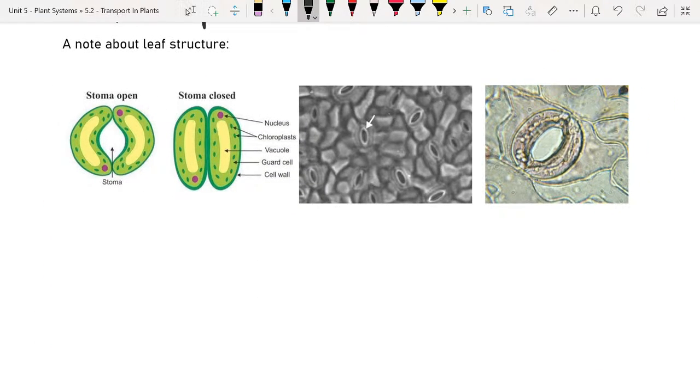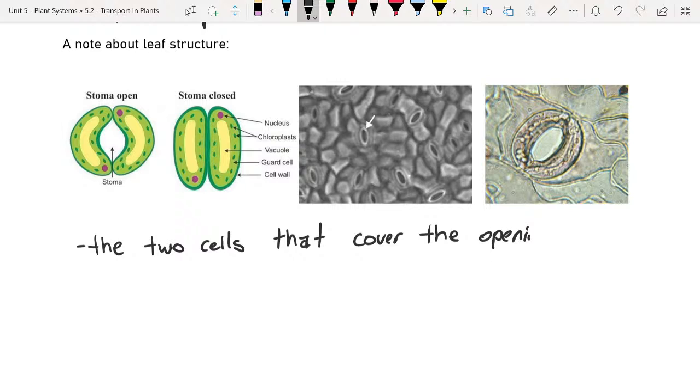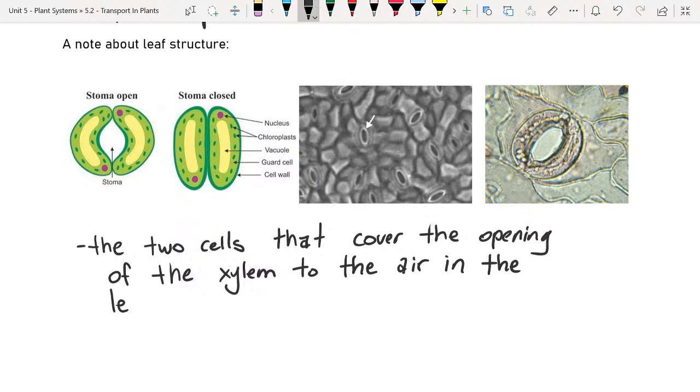This is the end point. These are the two cells that cover the opening of the xylem to the air in the leaves. And it's cool because if you look at a leaf under a microscope, you'll actually see them.